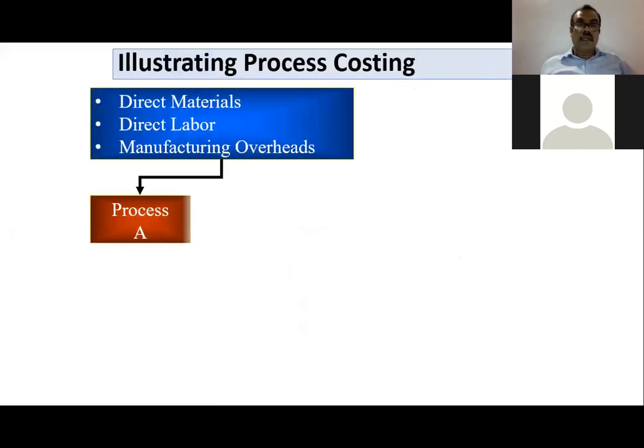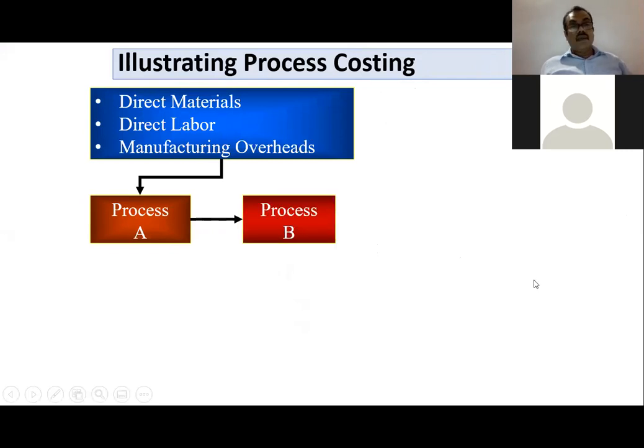So this is a simple illustration. I think I can quickly pass this chart. The output of process A would be an input of process B. Meanwhile, another input will come to process B. It's possible.